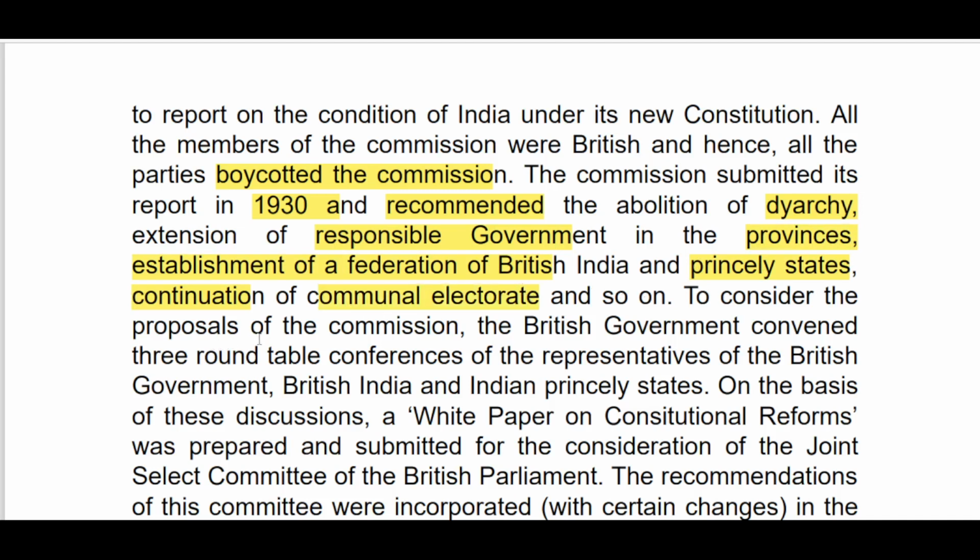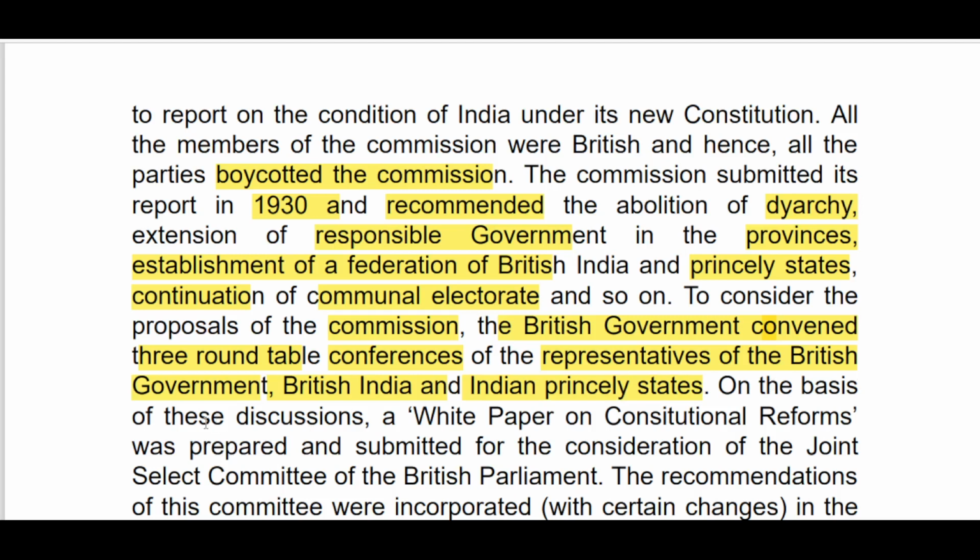To consider the proposals of the commission, the British government convened 3 roundtable conferences of the representatives of the British government, British India, and the Indian princely states.